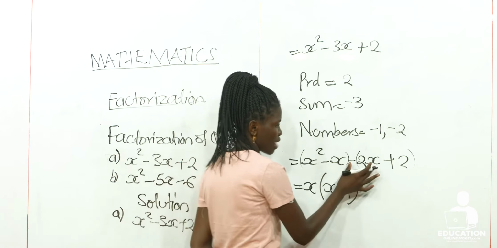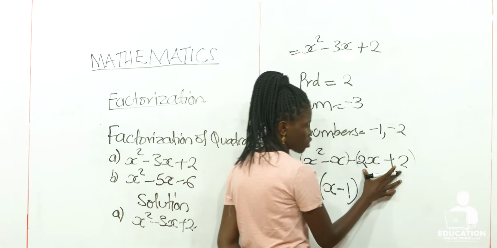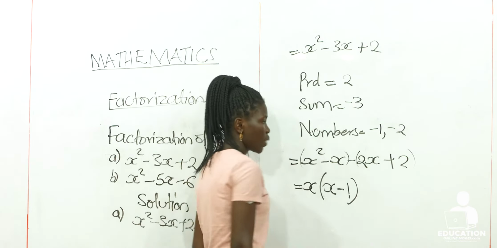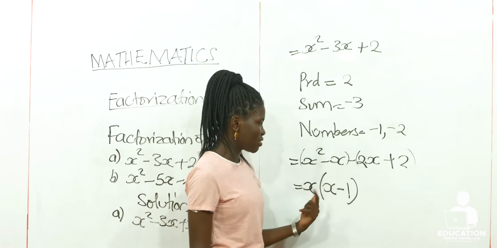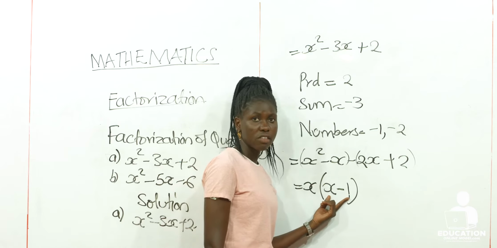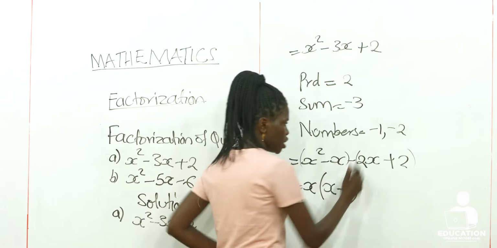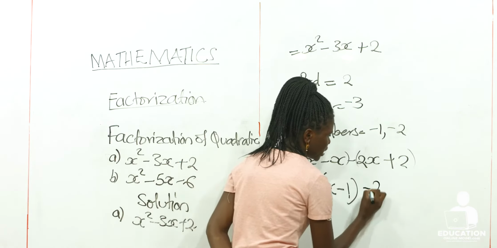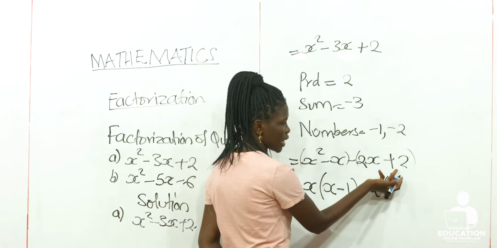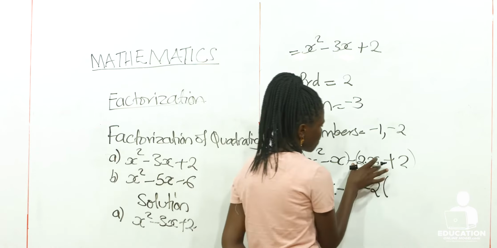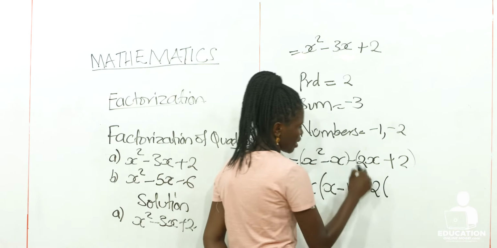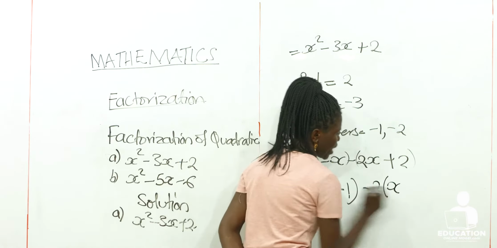So in this case, we are having 2 common to both terms, implying we have to factor out 2. But for us to factor out 2, we need to consider the signs. Which one will help us to get x minus 1 in the next bracket? So in this case, we need to factor out negative 2, so that this negative sign can affect this positive to give us a negative in the bracket. So negative 2x divided by negative 2, the negatives cancel and we shall be left with x.